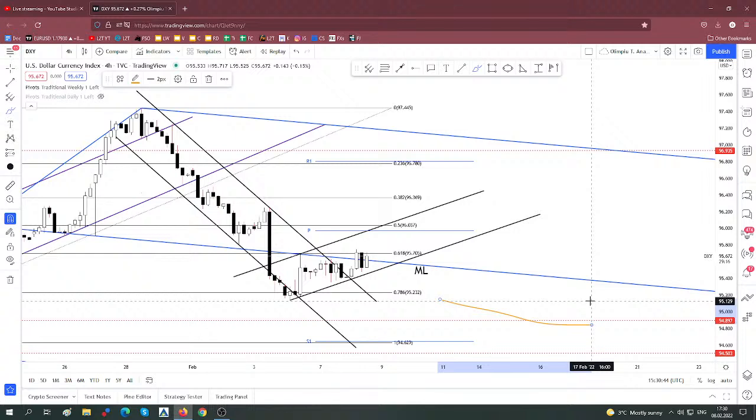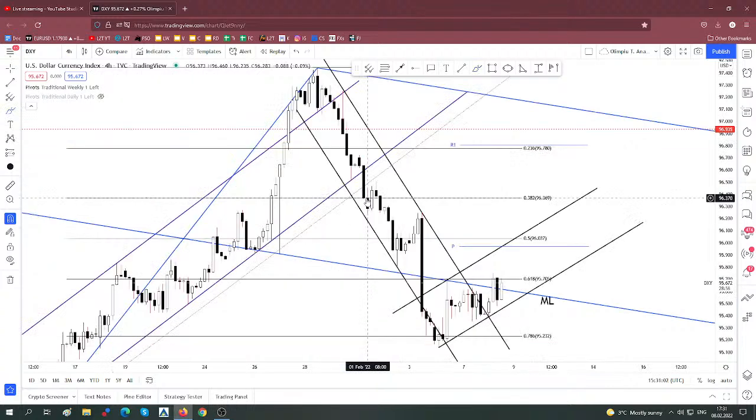Let's wait and see if it will close above 61.8, above the medium line, or below the medium line. Yeah, Alan, it really looks like it is moving in a range. That's my opinion as well, and I'm glad that I've shared my analysis with you.